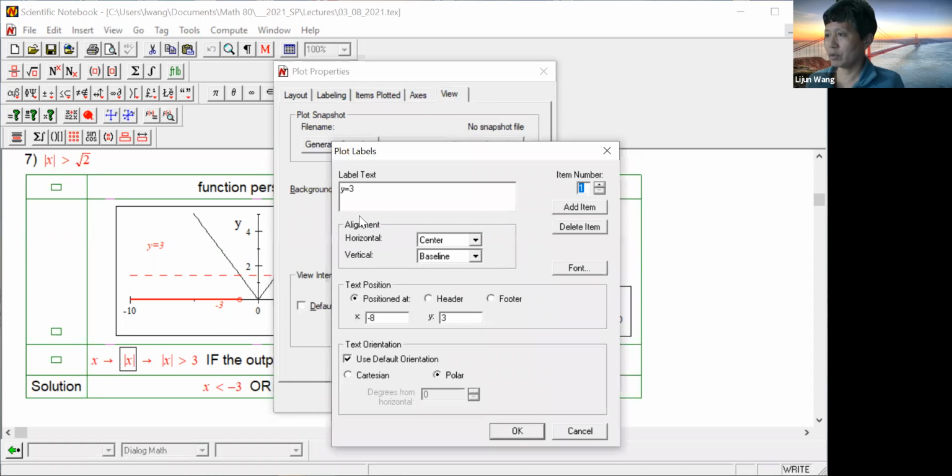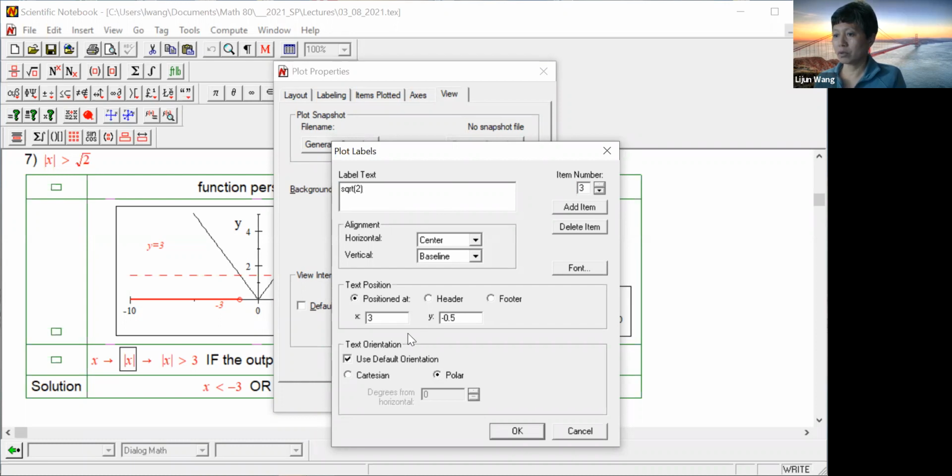The labels will be slightly changed. So this is going to be negative square root of 2, and this other one will be positive square root of 2.